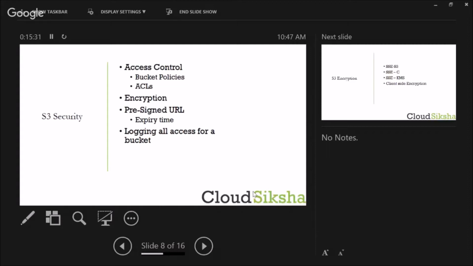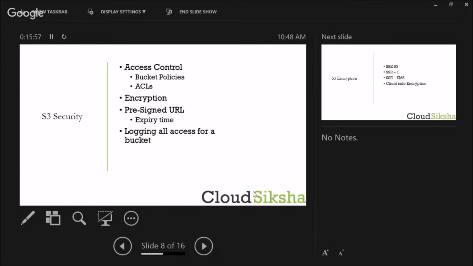Bucket policies are one access control mechanism. You can have a bucket and put a policy on the bucket, where you say that this bucket can be accessed only by this user and no one else, etc.